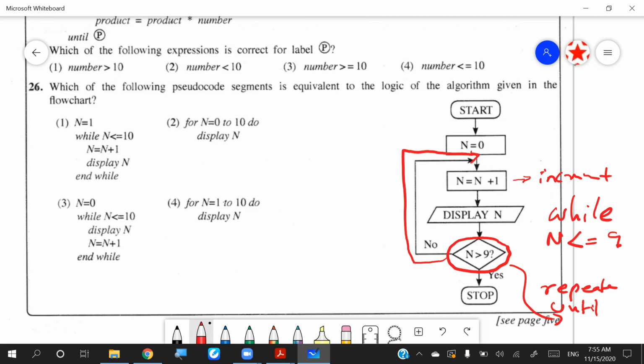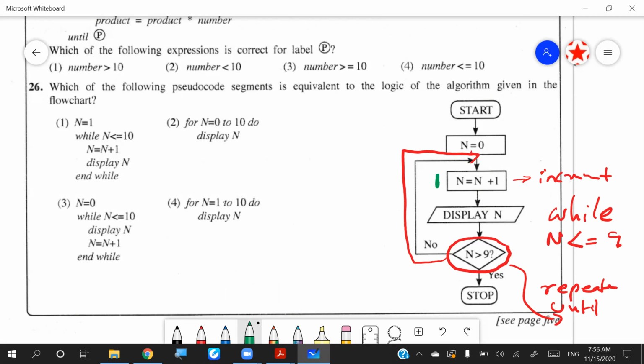Okay, let's go through the first one. It says n equals 1, n is starting from 1, while n less than or equal to 10. We'll see, because they are asking for the equivalent ones. Equivalent means the output should be equal. n equals n plus 1 and display n. Now what happens here? n is 0, so n equals n plus 1.